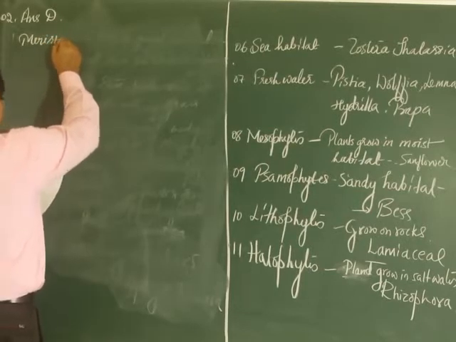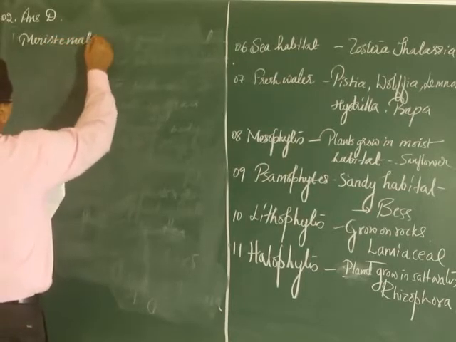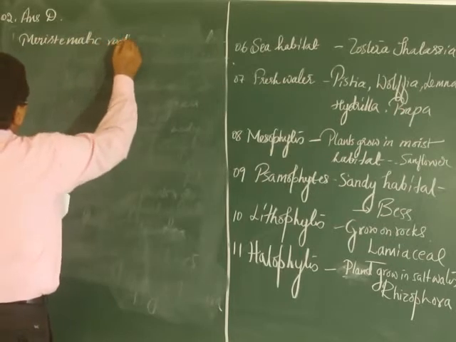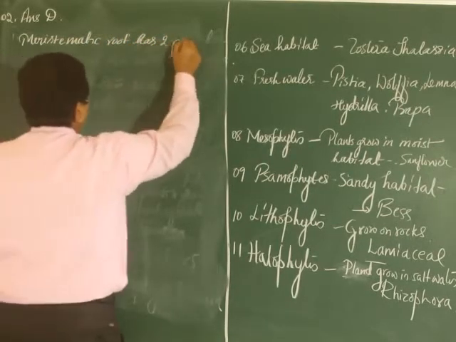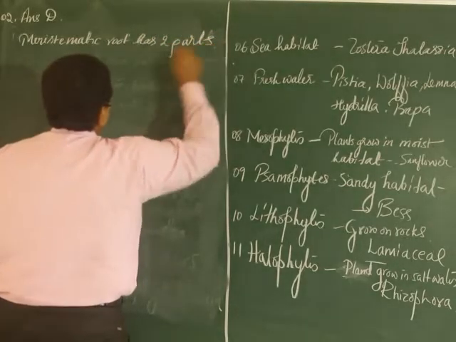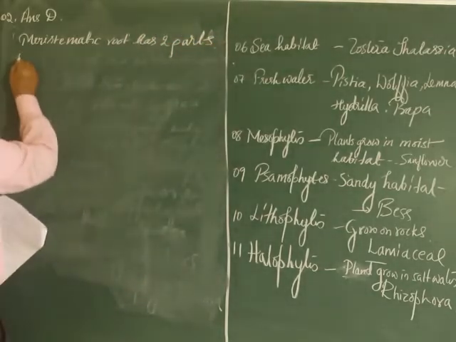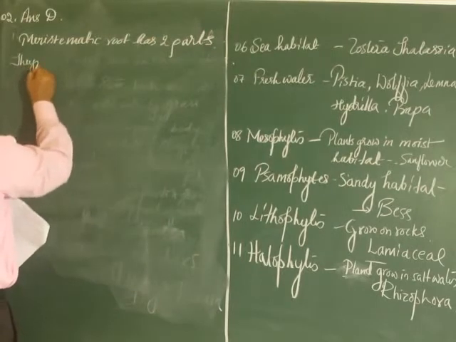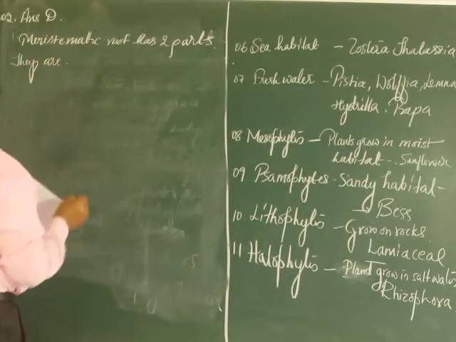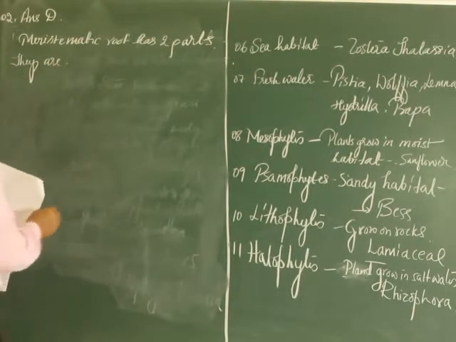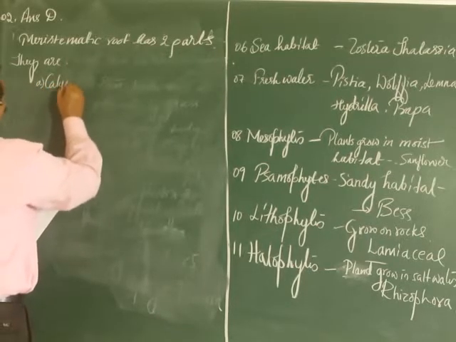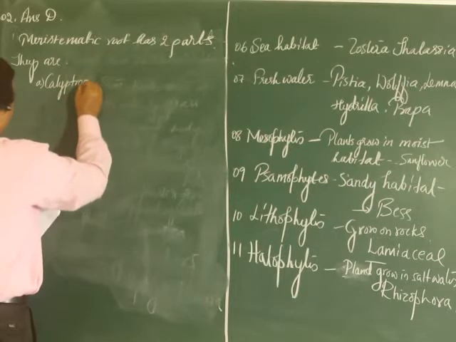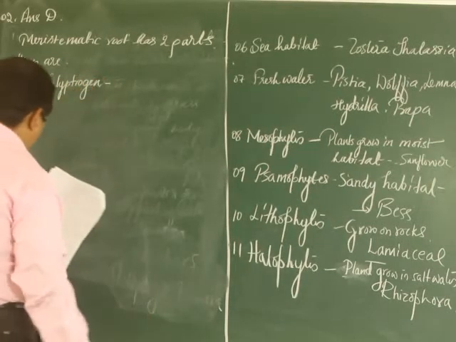Meristematic part of the root has two parts. They are calyptrogen and histogen. What is this calyptrogen part?